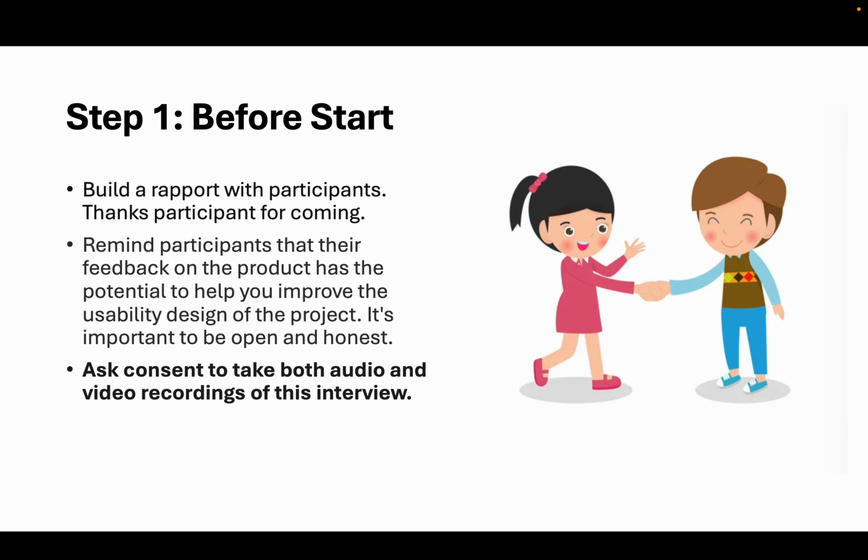Explain that this test is only used for a class project. Just let them know that their personal information will be protected. You will not share any of their information, and the video recording will not be shared outside of the class. It's only used for class assignments, right, to help them feel secure about their privacy.